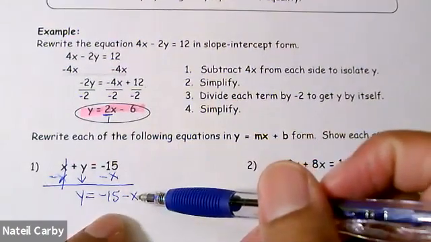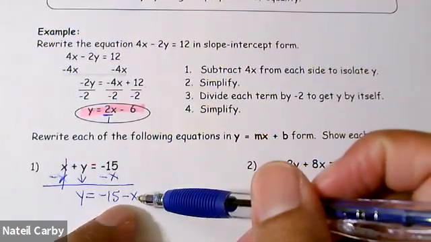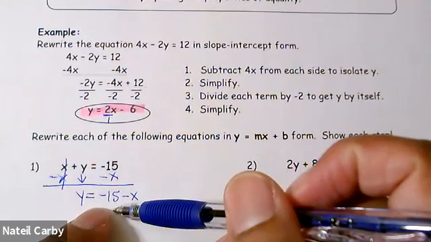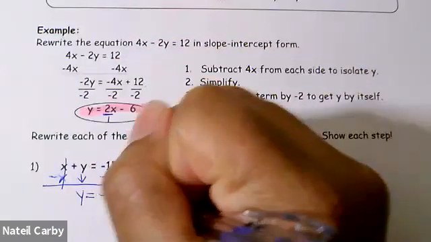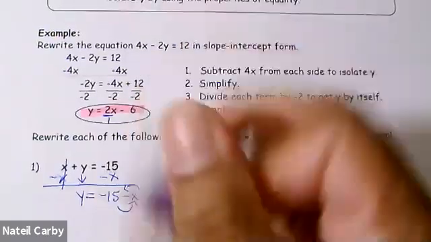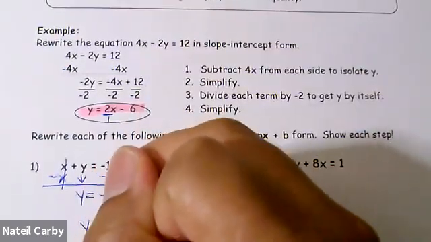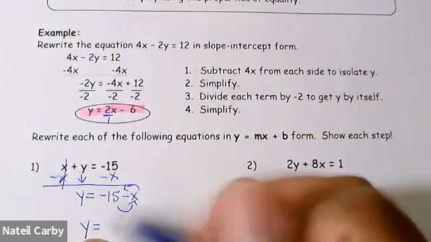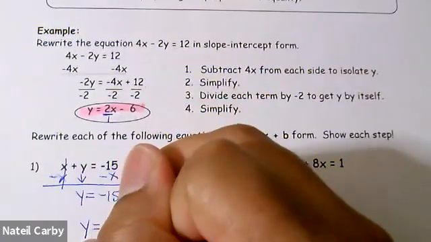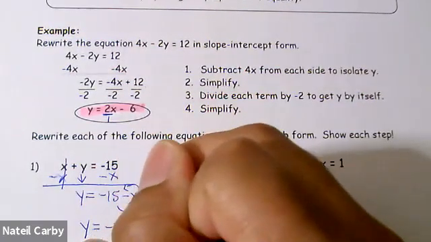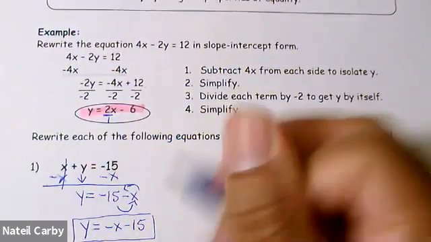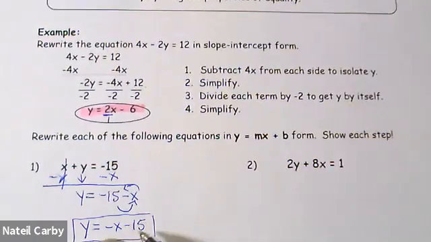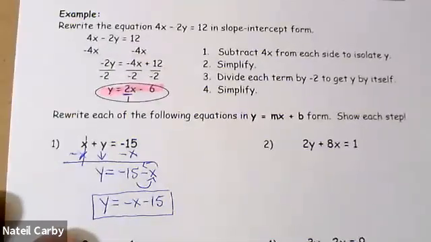But remember, to be in slope-intercept form, I put my x in front of my constant. So I'm just turn things around here. So my final answer is y equals negative 1x minus 15. This is my final answer in slope-intercept form.